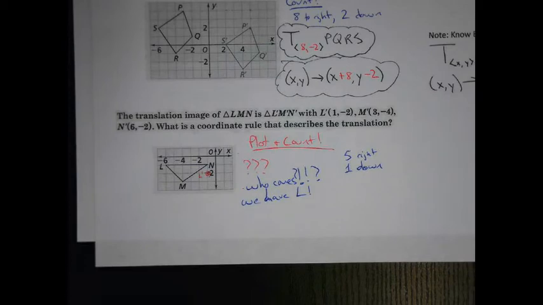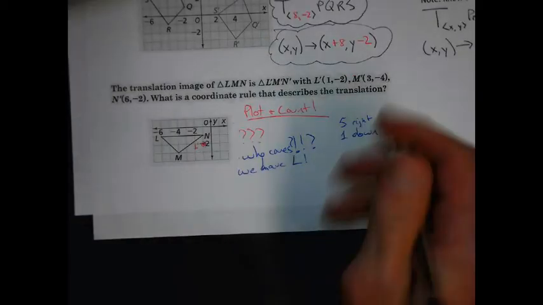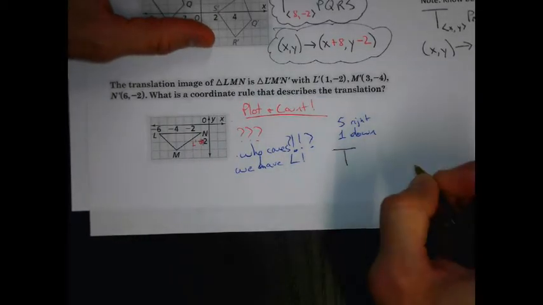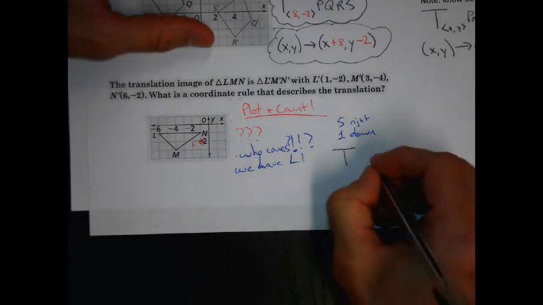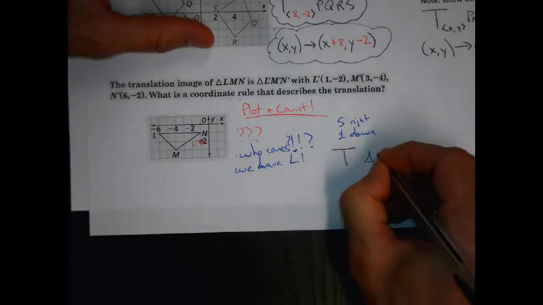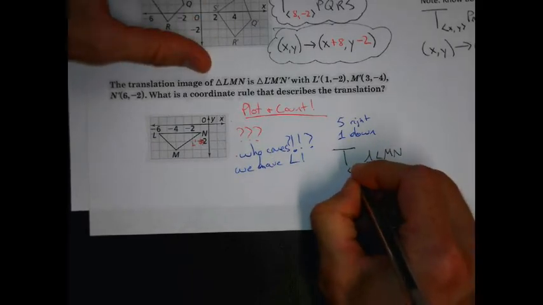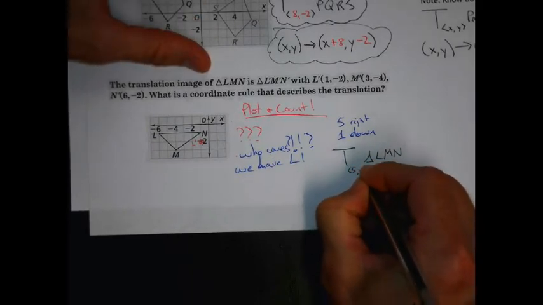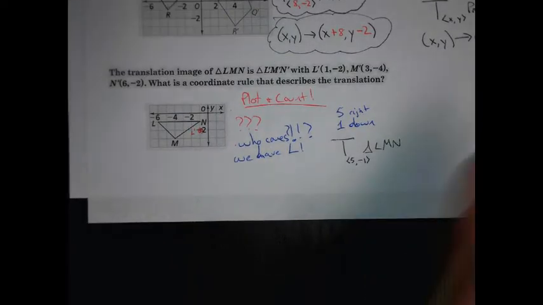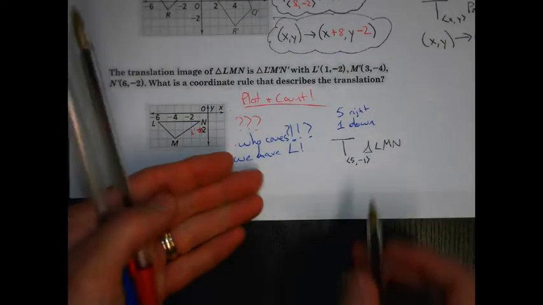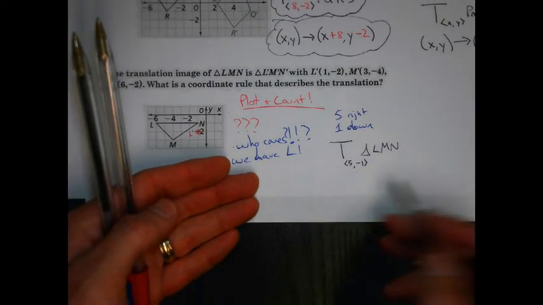So how can we write it? In either format, we can write the rule as the big translation of triangle LMN, and then we went 5 units right and 1 unit down. Look at how that happened as we wrote it. 5 units right and 1 unit down. That's one way.